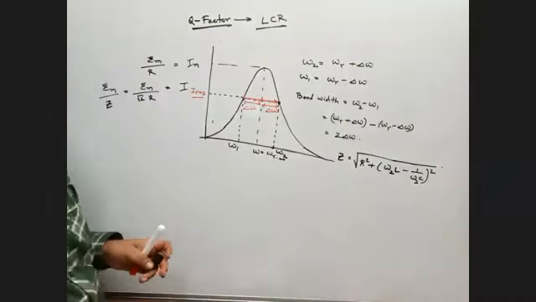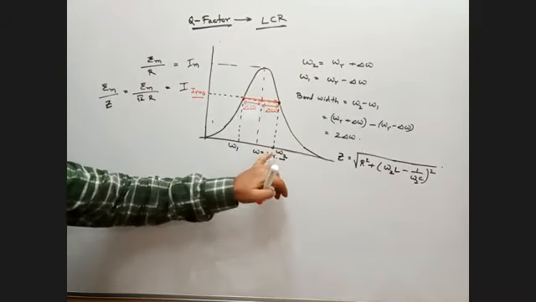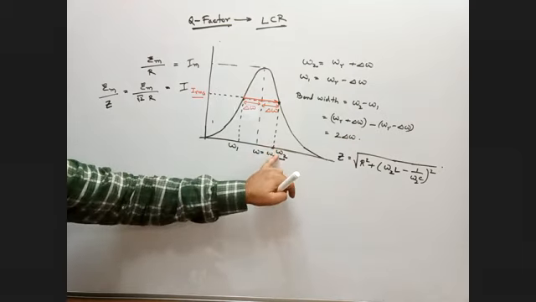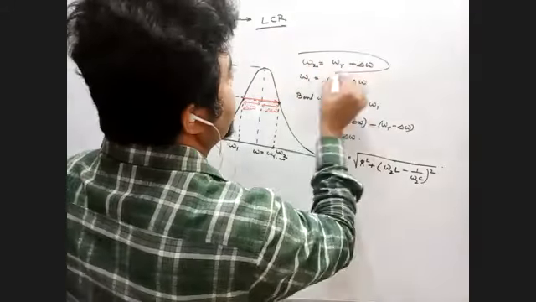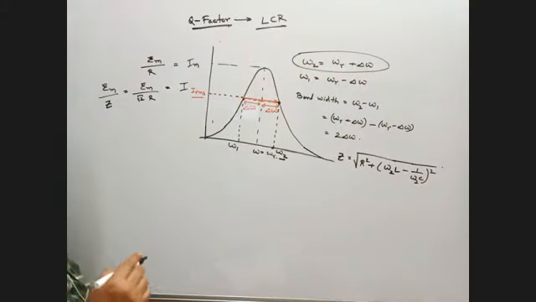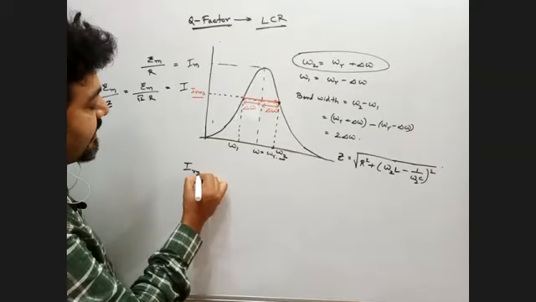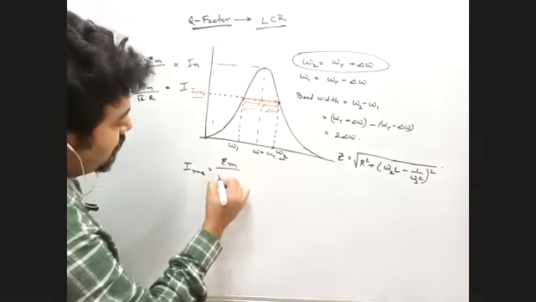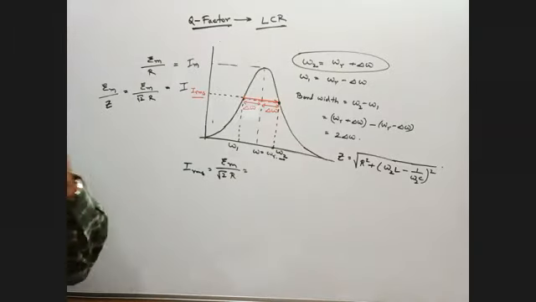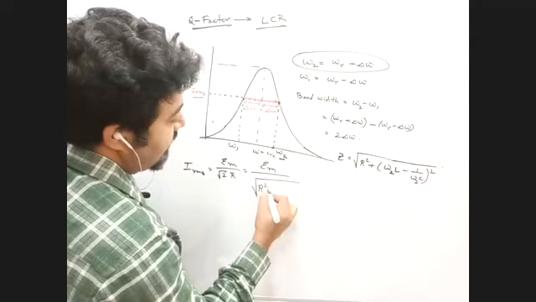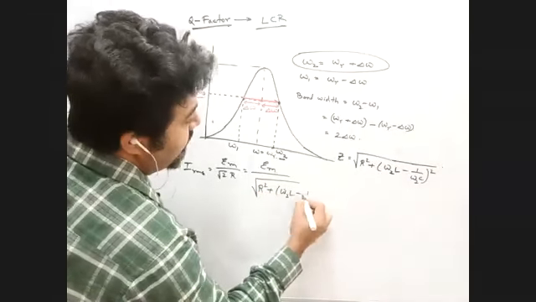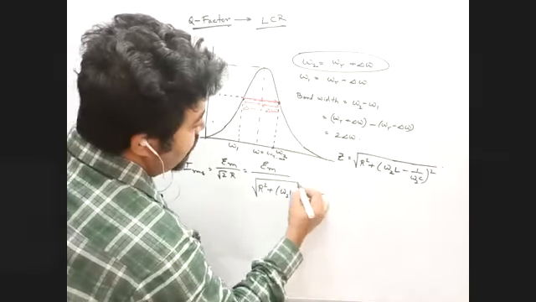Is it clear, everyone? Total resistance for that particular frequency omega 2 is omega 2L minus 1 by omega 2C. Is it okay? And what do you mean by omega 2? Omega 2 is omega R plus del omega. So we can write I RMS, that is EM by √2R, which is EM by Z, and Z is equal to root of R square plus omega 2L minus 1 by omega 2C whole square.